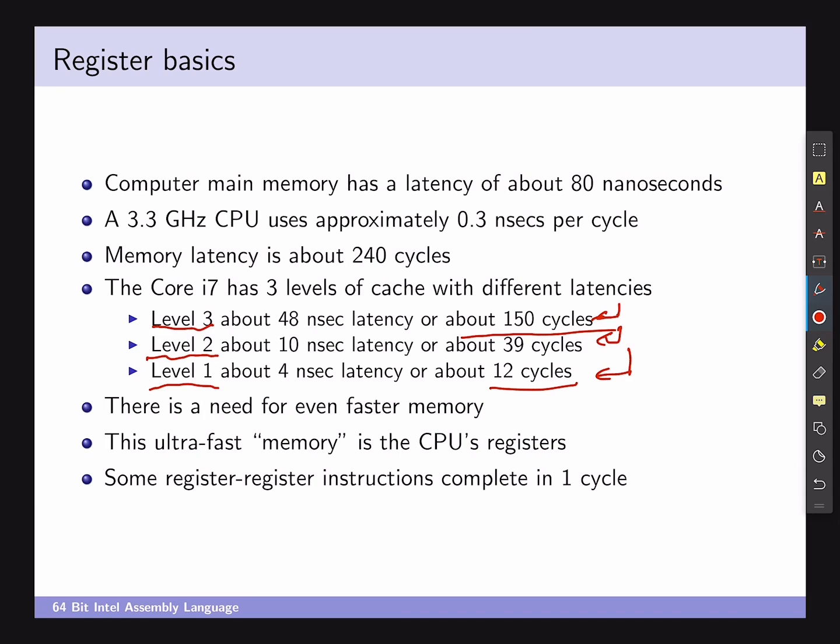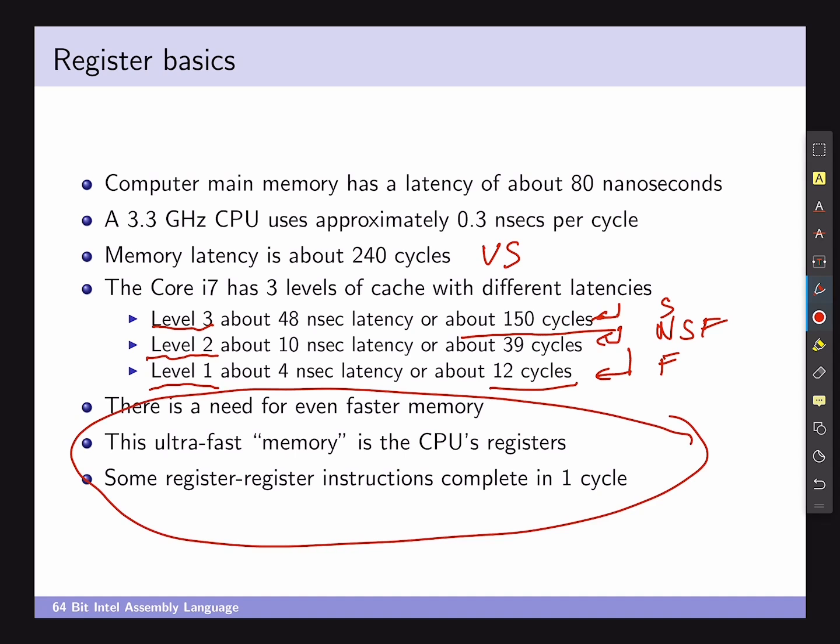Now, that's all well and good that we have this hierarchy, with the very slow and then different levels of speed. So you can say, for example, that level 1 would be fast, level 2 is not so fast, and you can even say level 3 is slow. But this is where the register comes in: the register is so close to the CPU that there is basically no latency, in that I can perform operations in a single cycle.